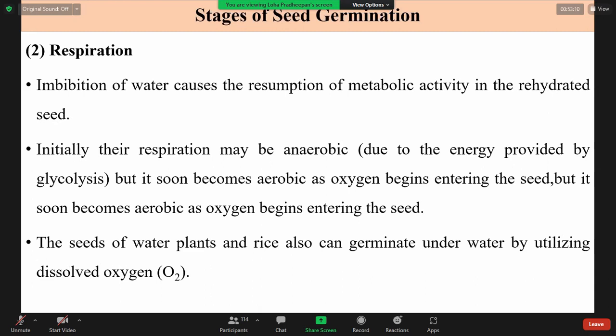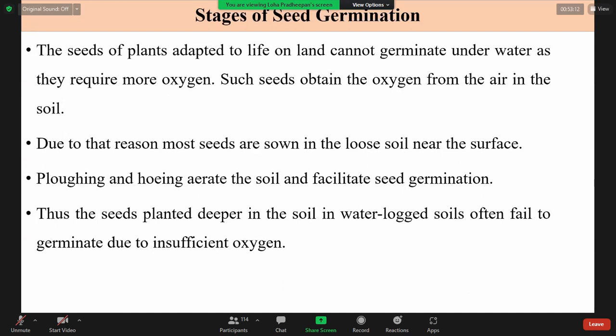But some crops won't germinate under waterlogged conditions because they need the oxygen for their growth, so that can be obtained from the soil. So we do plowing and hoeing, because the air is very much needed.